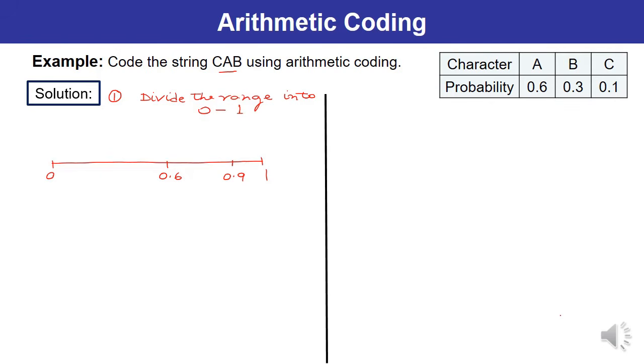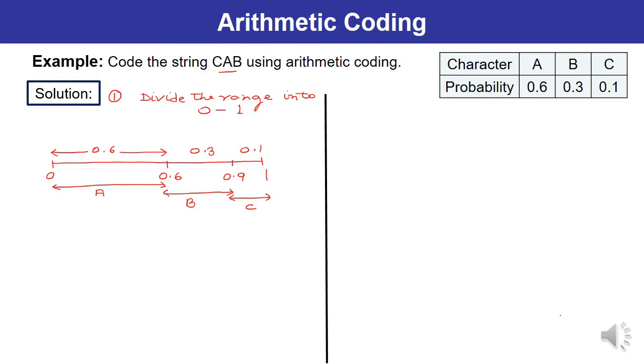So you can say this is the length for character A, 0 to 0.6, this is for character B, 0.6 to 0.9, and 0.9 to 1 is for the C. Let me draw these values as well. This is 0.6, this is 0.3, and this is 0.1.